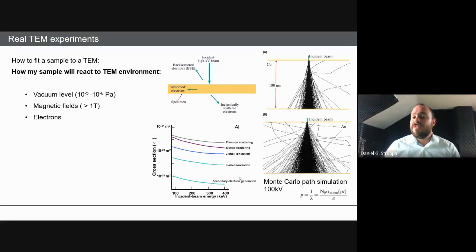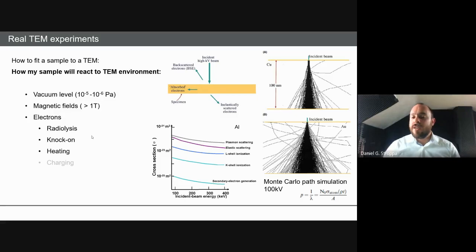You have knock-on damage, which is more common for light elements. If you take a 300 keV electron and shoot it at the sample, you may have a collision that's enough to take the light atom out of your sample. You generate heat. Charging is not so common for TEM because of the cross-section. You use thin samples, but for SEM, it's a nightmare.